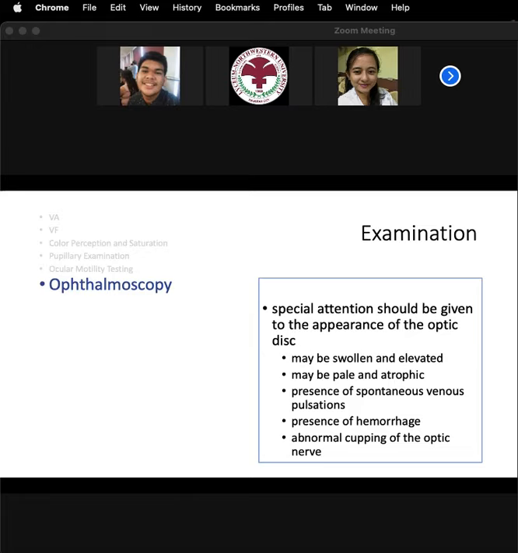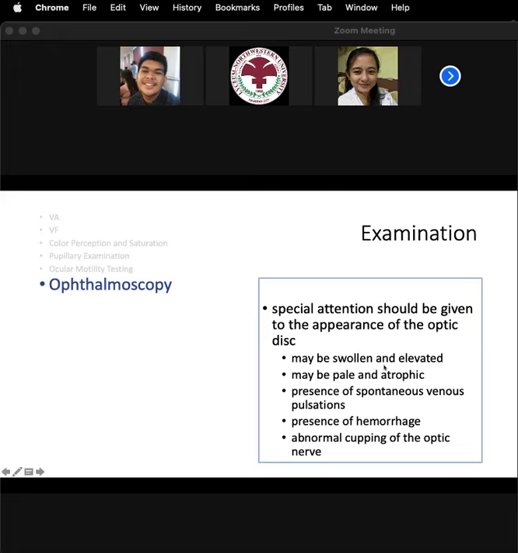Now is the ophthalmology. So, evaluation of a patient with neurologic symptom is not complete without evaluation of the ocular fundus. So, special attention, since neuro-ophtha yan, should be given to the appearance of the optic disc. These are some of the neuro-ophthalmic conditions.